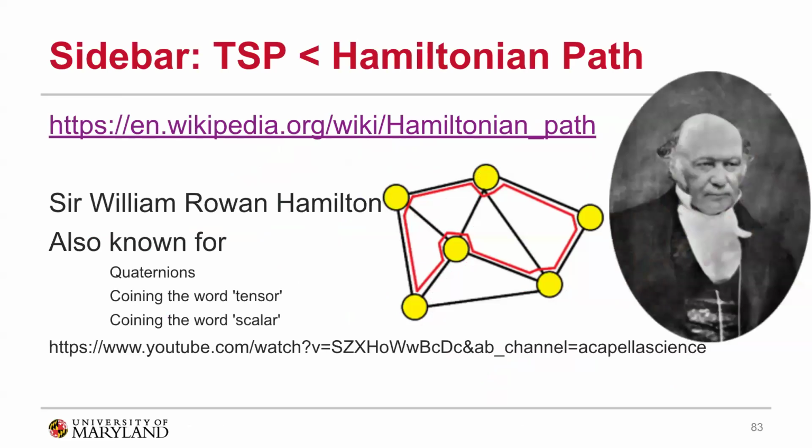Have you guys heard about the Hamiltonian path? Okay. A Hamiltonian cycle is where we try to visit every node once and return, and TSP is finding the shortest Hamiltonian cycle.